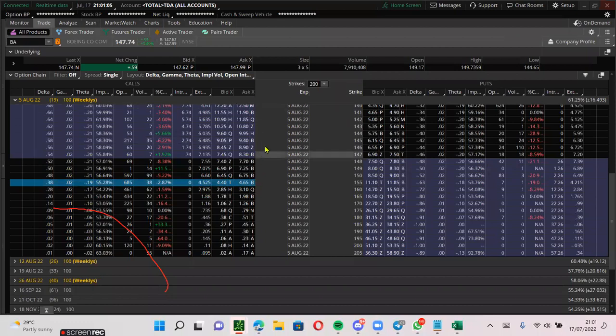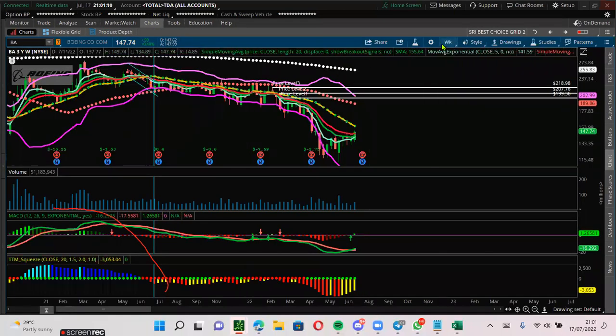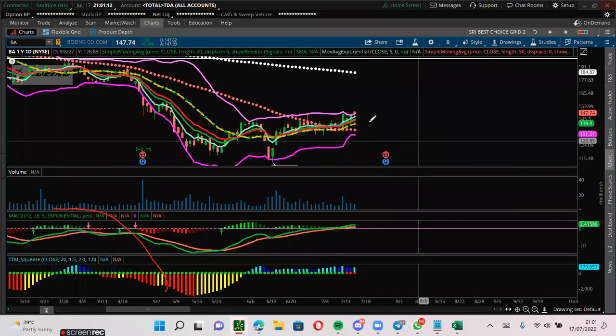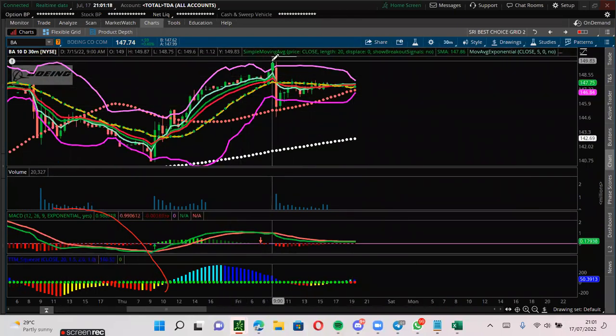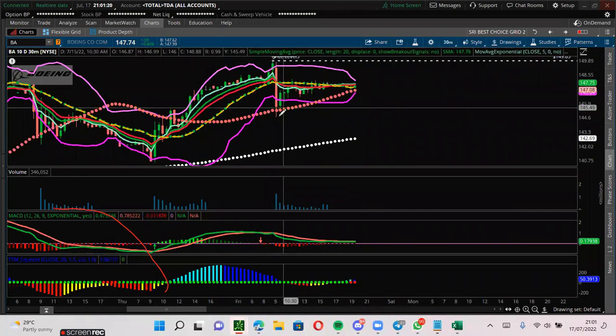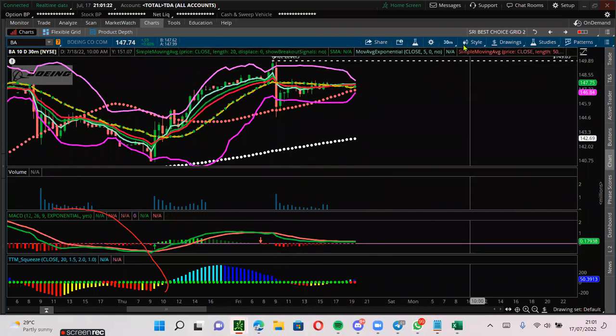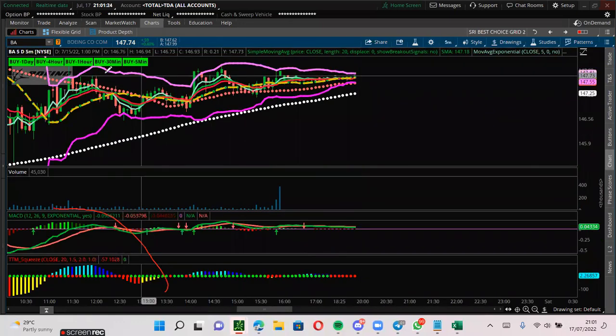I would say the best time to sell is when the stock has gone up and then stopped out during the day. So if you see right now it went to 149 and then all the way down to 144.